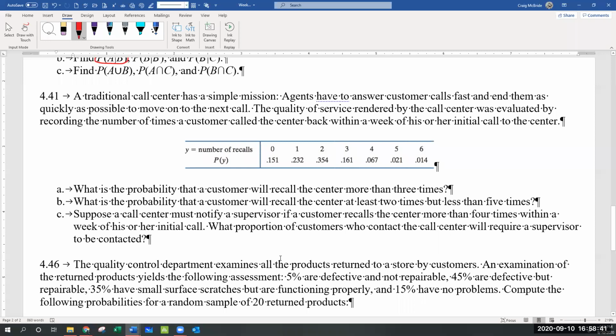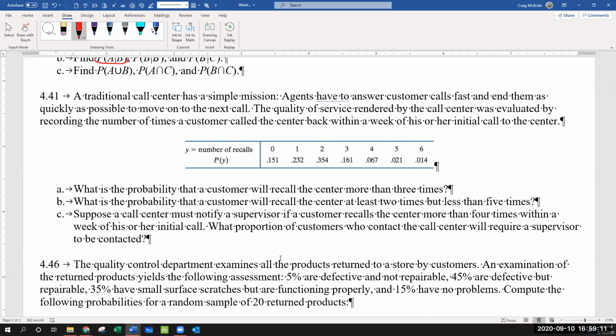Okay, do we have questions on 441? Could you go over C on 441? Of course. Now, first and foremost, I want to make sure that everybody recognizes what kind of probability distribution 441 is, discrete or continuous?